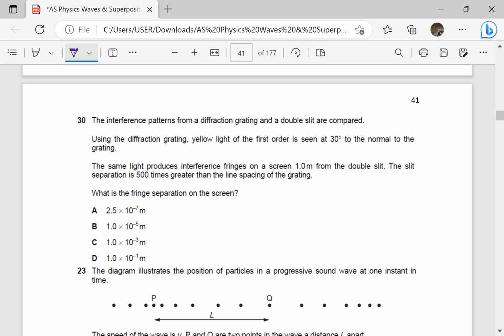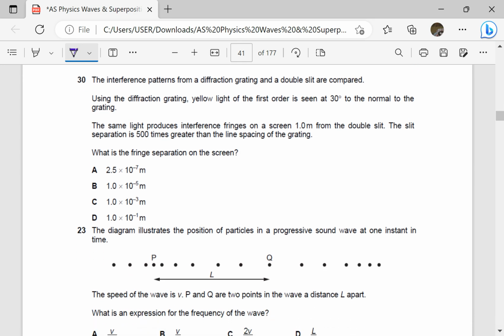The interference patterns from a diffraction grating and a double slit are compared. Using the diffraction grating, yellow light of the first order, so small n is equal to 1, is seen at an angle theta degrees to the normal to the grating.